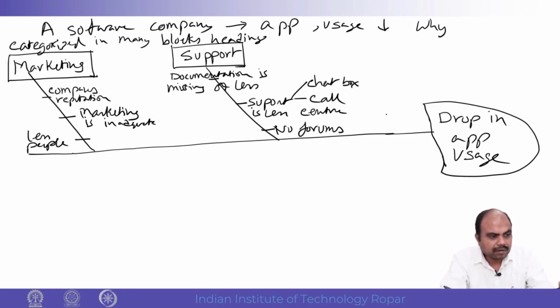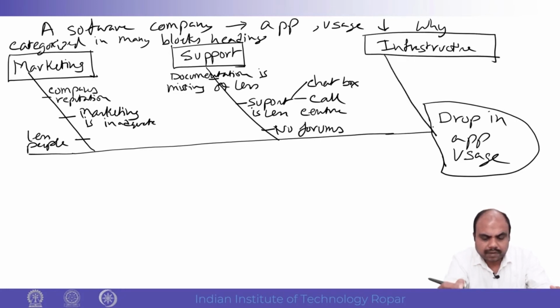There is another set of people within the community, this group believes that the infrastructure is not so good. In infrastructure, basically what people have found out is that the performance is not that great, the app performance.